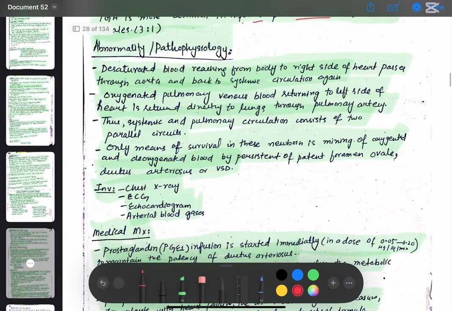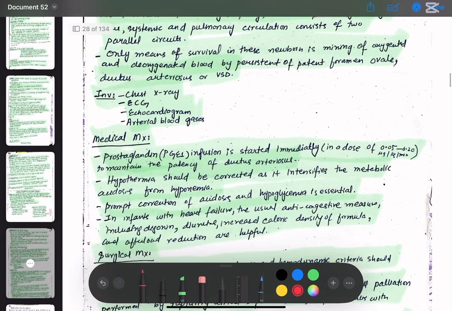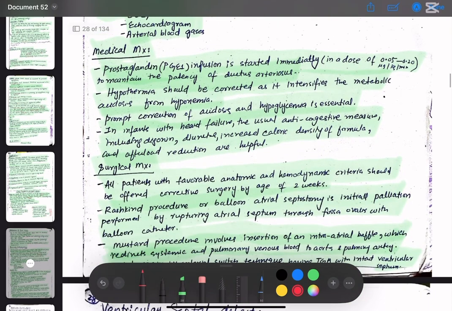Now, the pathophysiology is that desaturated blood returning from the body to the right side of the heart passes through the aorta and back to the systemic circulation. And oxygenated pulmonary venous blood returning to the left side of the heart is returned directly to the lungs through the pulmonary artery. The investigations are chest X-ray, ECG, echocardiogram, and arterial blood gases.